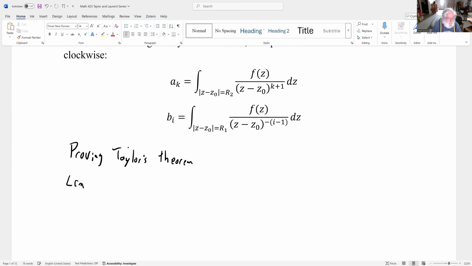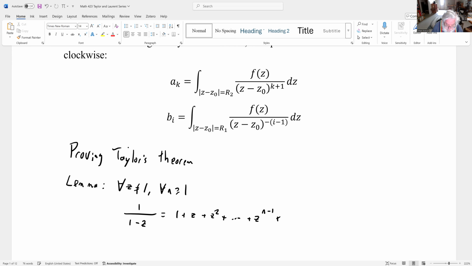We need a lemma first, which is that for all z not equal to 1, for all n greater than or equal to 1, so n here is a positive integer, we have 1 over 1 minus z is equal to 1 plus z plus z squared plus dot dot dot plus z to the n minus 1, plus z to the n over 1 minus z.